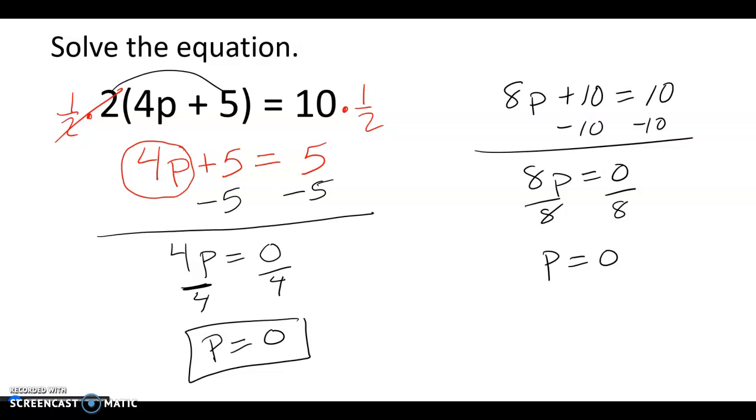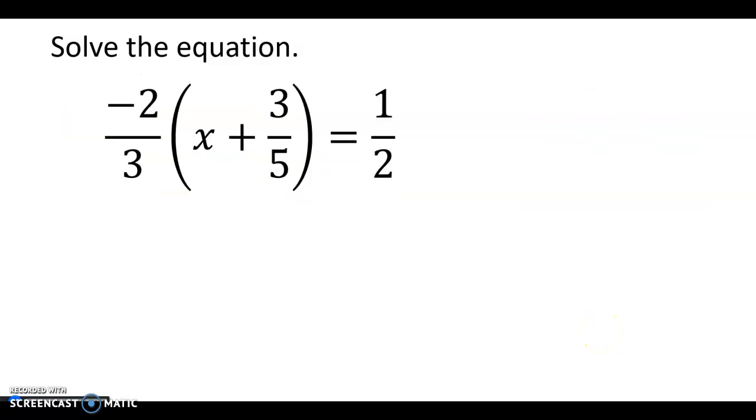Now the next one has fractions. So I would definitely get rid of the negative 2/3 by multiplying by its reciprocal. The reciprocal of negative 2/3, I'd keep the negative on top and do negative 3 over 2. So I go over on this side, and I go negative 3 over 2. These cancel.